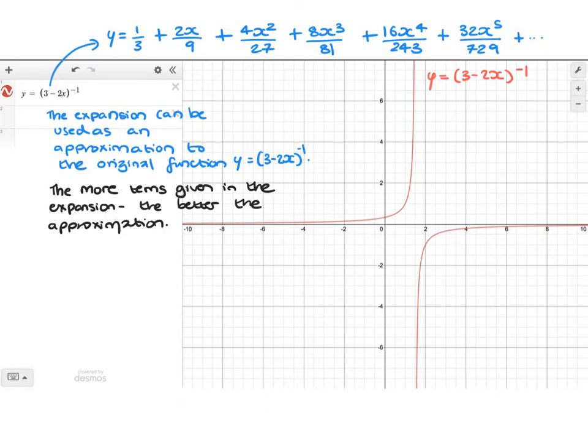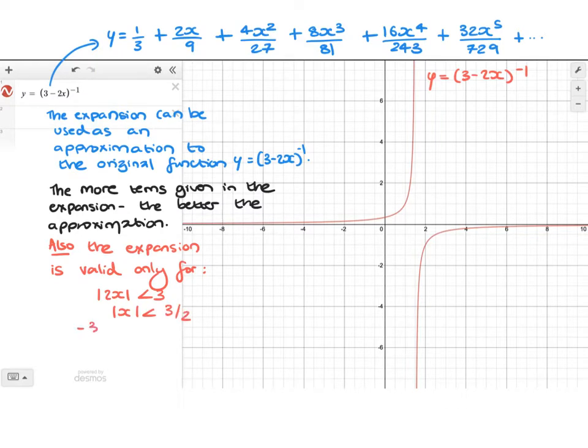So an expansion in this particular situation for a binomial where the power is not a positive integer will only be valid for certain types of x value. Now, in this particular situation for our question, the expansion is valid for mod 2x less than 3, which of course is mod x less than 3 over 2, which can be written as x has to be between -3 over 2 and 3 over 2.